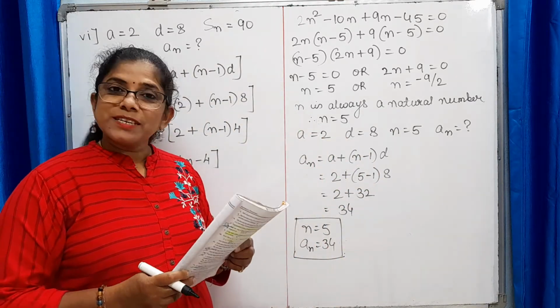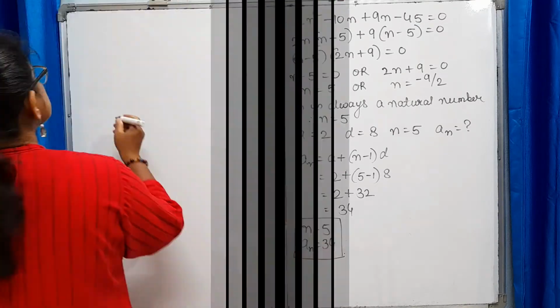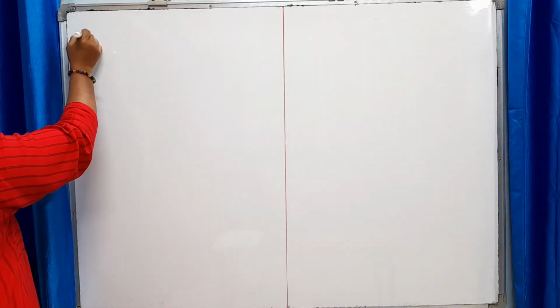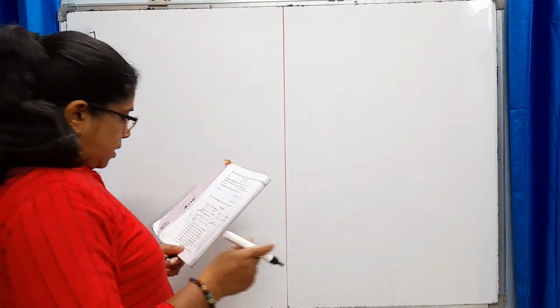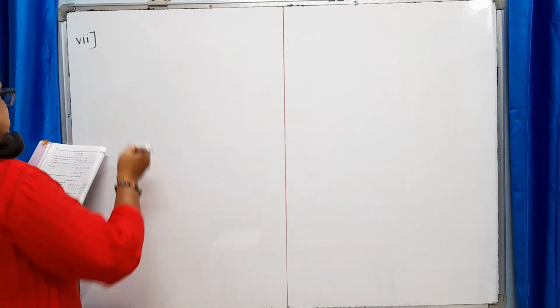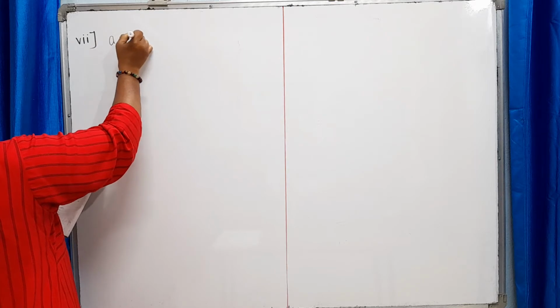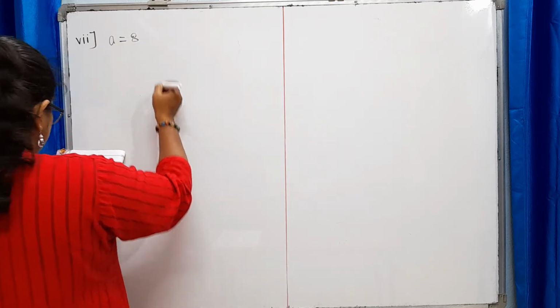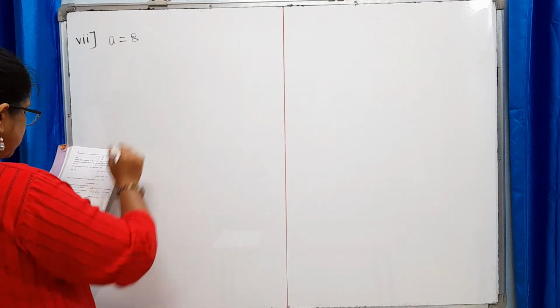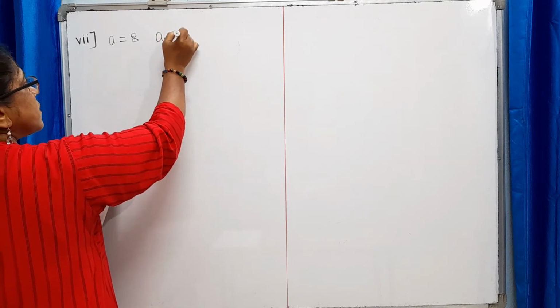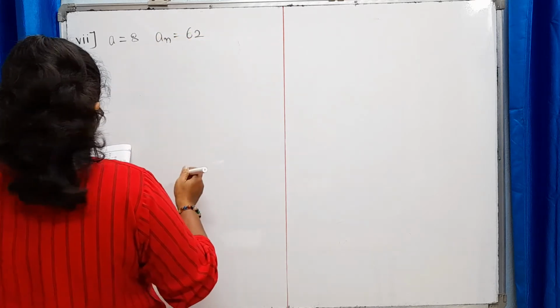Now let's move to our 7th sum. Let's see what are the given terms in this 7th sum. Here a is equal to 8. Then the next thing given is an is equal to 62.